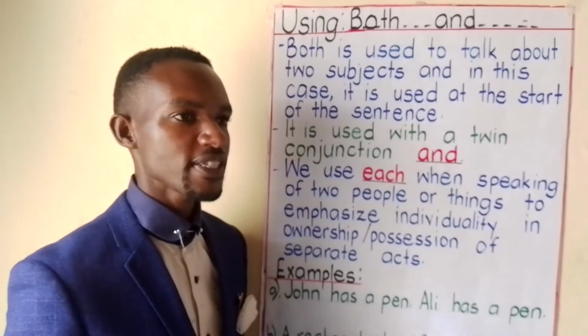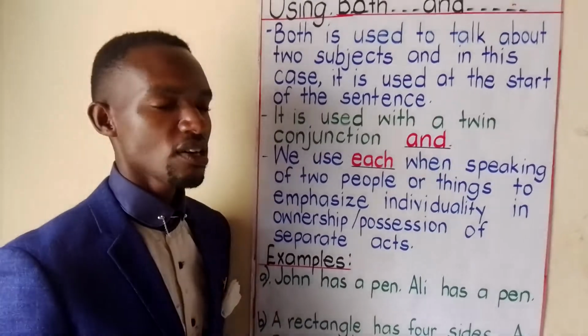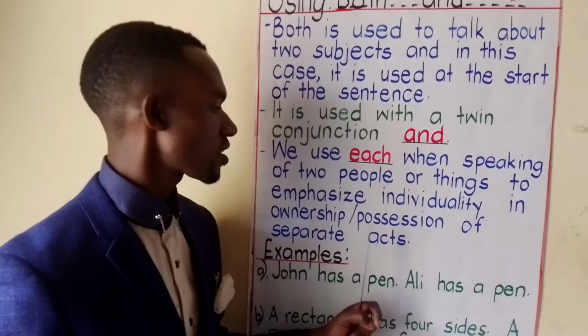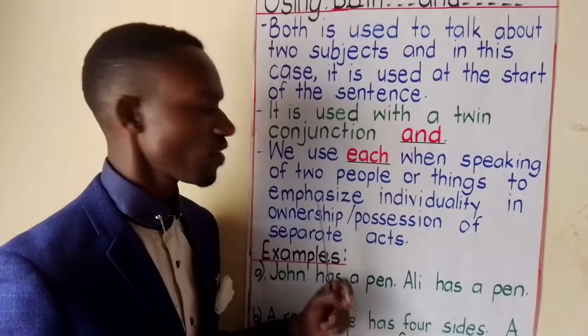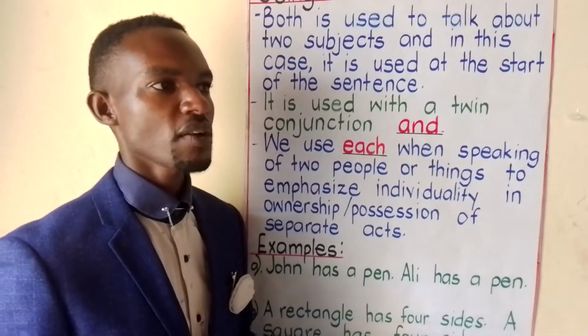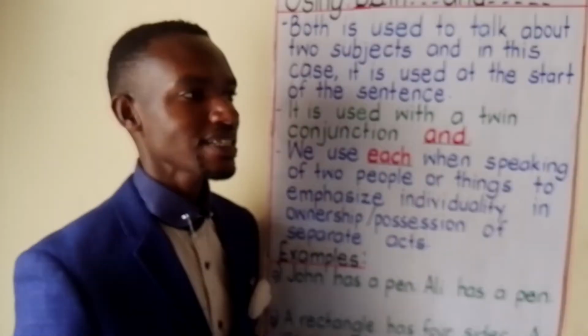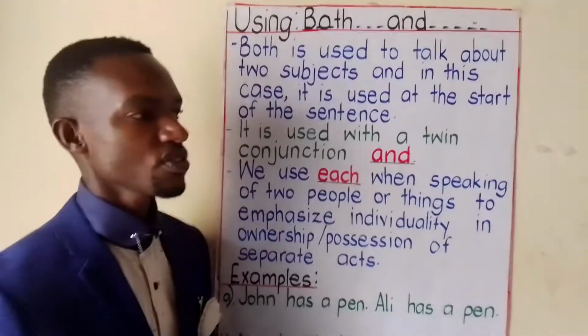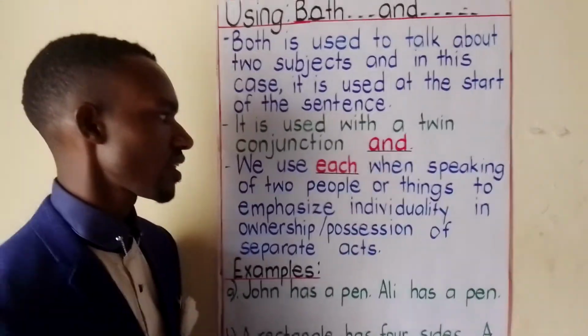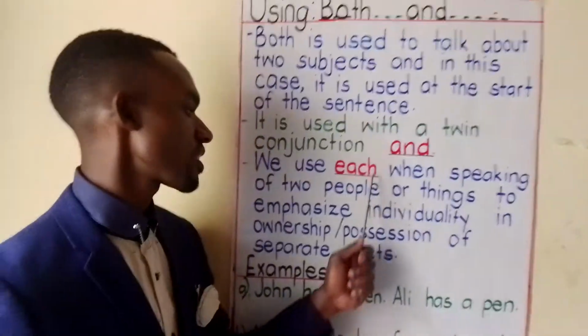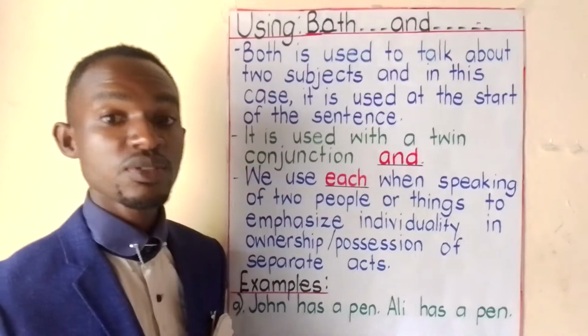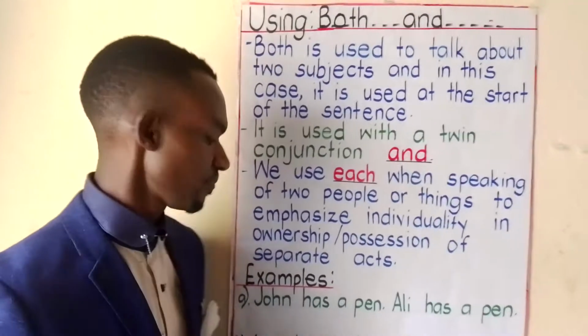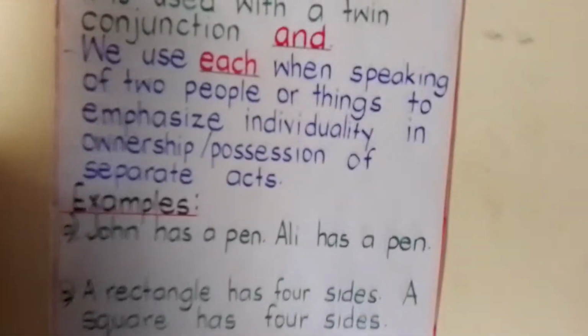We want to emphasize individuality in possession or ownership of two separate things. We want to talk about John having something and Peter having something. So when we bring those two sentences together, they require us to use each, as we are going to see in our examples. Let's take a look at the first example.